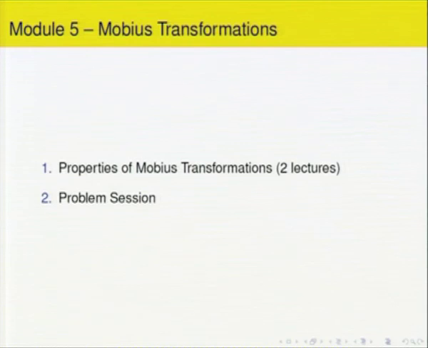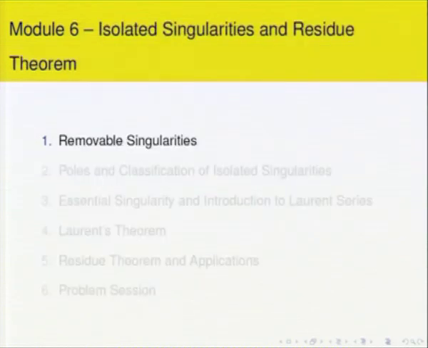And then we come back to analytic functions in general, and then we discuss isolated singularities of analytic functions in module 6. Okay. And in module 6 lecture 1, we define an isolated singularity, and define a removable singularity, which is one of these isolated singularities.